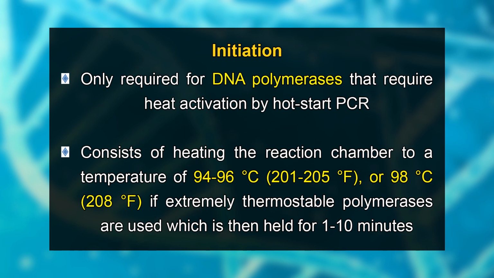This step is only required for DNA polymerases that require heat activation by hot start PCR. It consists of heating the reaction chamber to a temperature of 94 to 96 degrees centigrade, or 98 degrees centigrade if extremely thermostable polymerases are used, which is then held for 1 to 10 minutes.